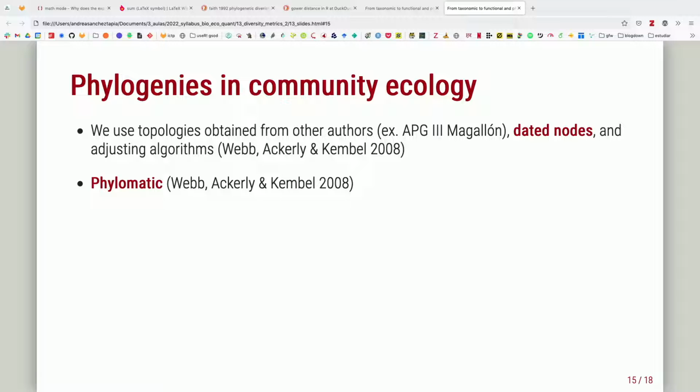So sometimes you just split. If you have a dated node here and a dated node here, any node in between will, for example, be split in equal sections. So you don't know exactly what the age of the node is, but you have a way to compare different nodes.